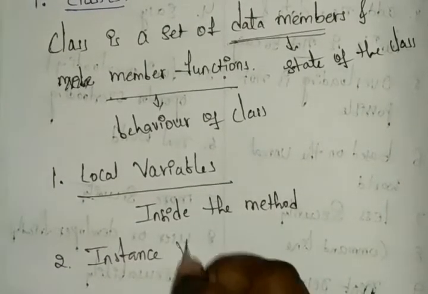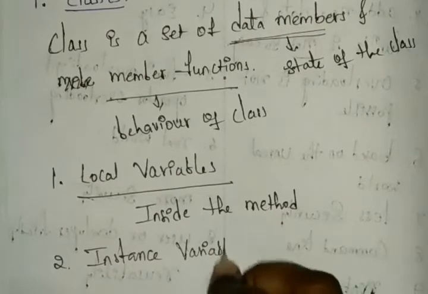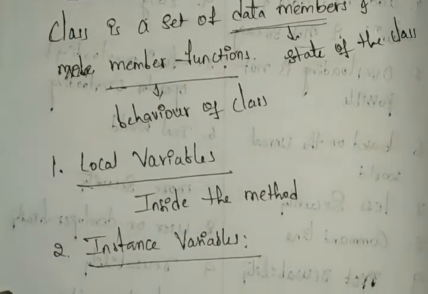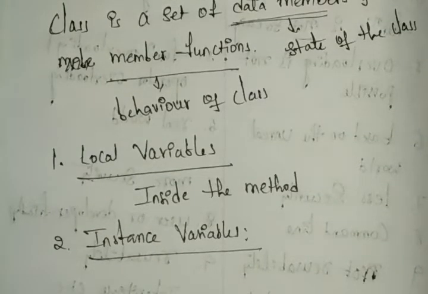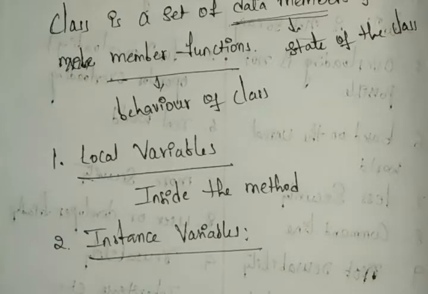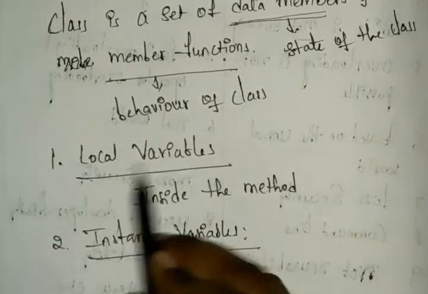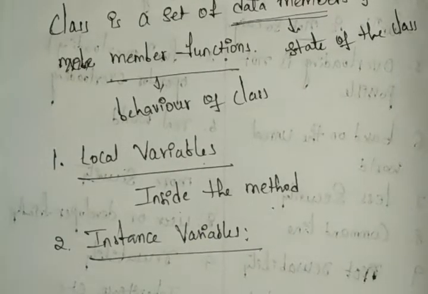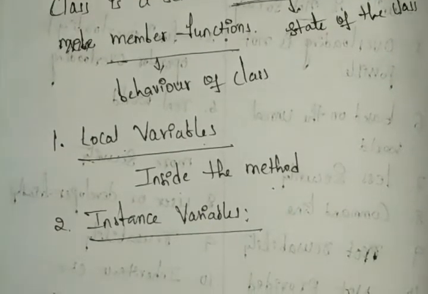Instance variables are similar to local variables, but the difference is that these are declared inside the class. Local variables are declared inside the method, but instance variables are declared inside the class.